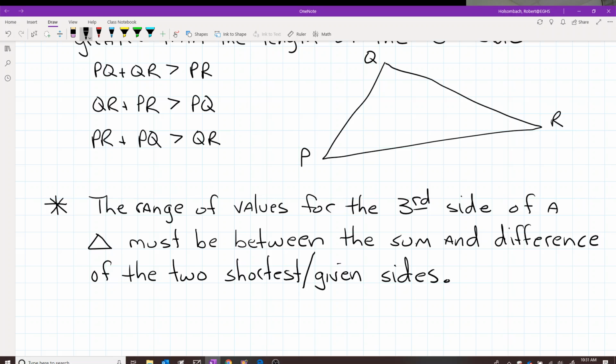The range of values for the third side of a triangle must be between the sum and difference of the two shortest / given sides.